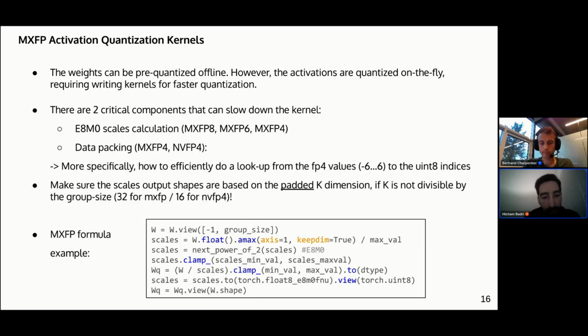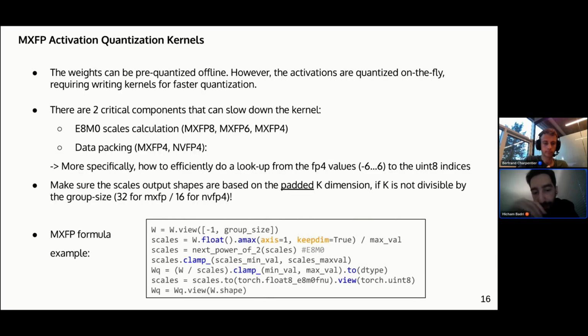Then basically this step, scales to torch float8 E8M0, is just a casting operation. In Triton, it expects a uint8, so you can just do a view of torch uint8. The scales at this point are actually just storing the exponent plus 127. I think I have explained it before.